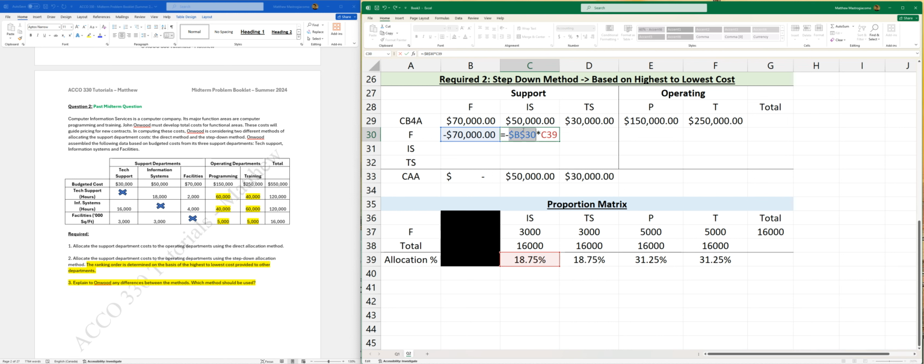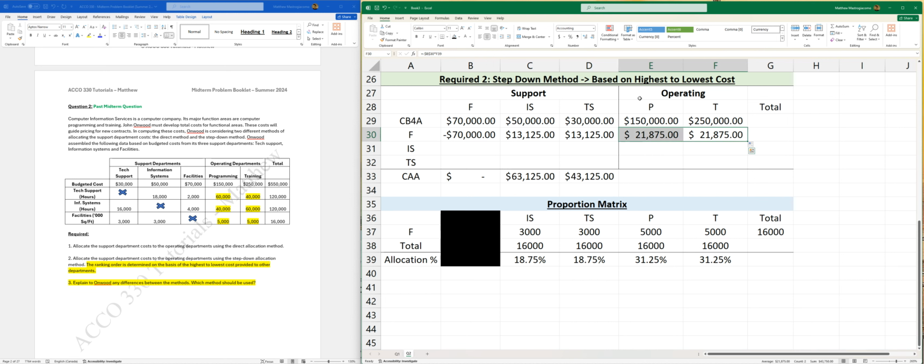So I'm just going to drag across, guys, just to save time. So 70,000 times 18.75 is 13,125. Then 70,000 times 18.75 over here is 13,125 again, because literally it's the same percentage, right? Then you drag again. So you do 70,000 times 31.25. So let's go drag. And that just gives you the same number twice.